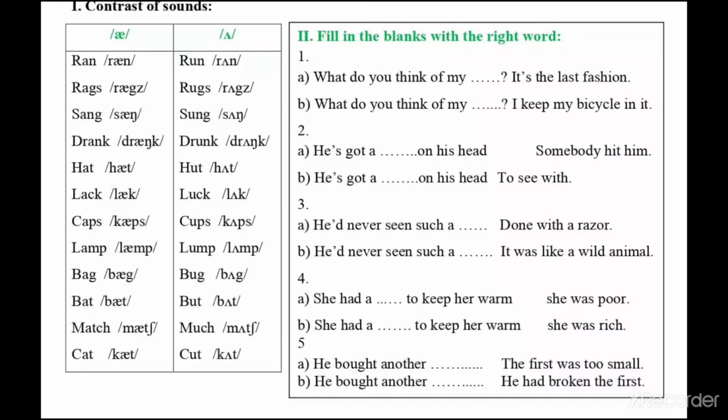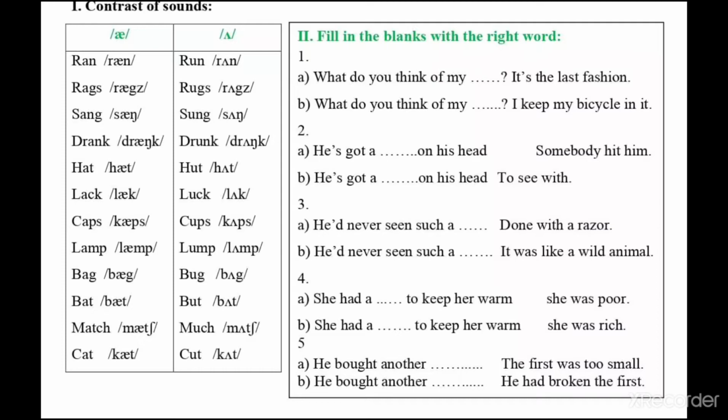Number 4. A. She had a gap to keep her warm. She was poor. B. She had a gap to keep her warm. She was rich. So which pair are we going to use in number 4? Yes, it's rag and rug.